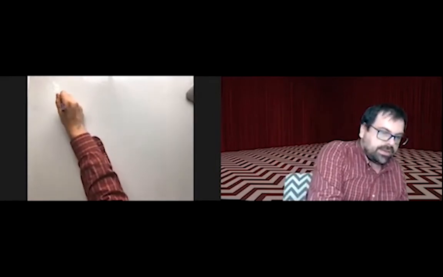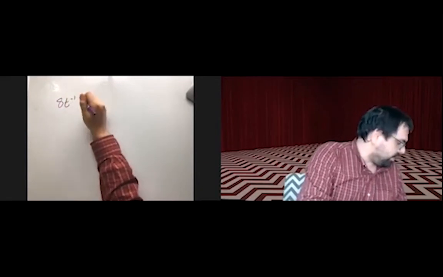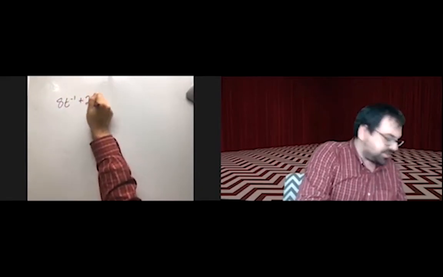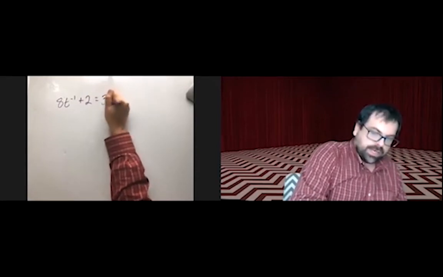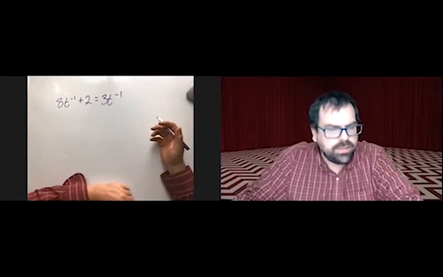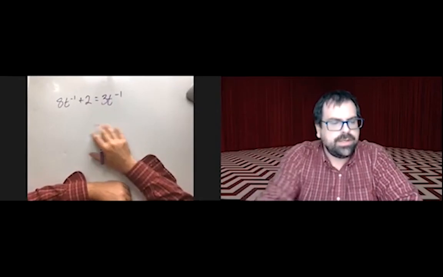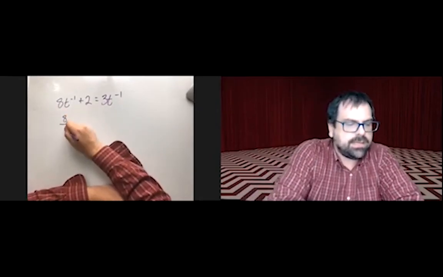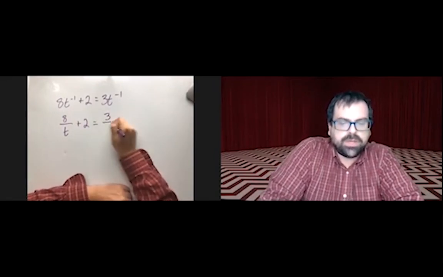And let's look at 8t to the negative 1 plus 2 equals 3t to the negative 1. Why is this a rational equation? Well, because even though we don't see them, there are fractions here. This is 8 over t plus 2 equals 3 over t.